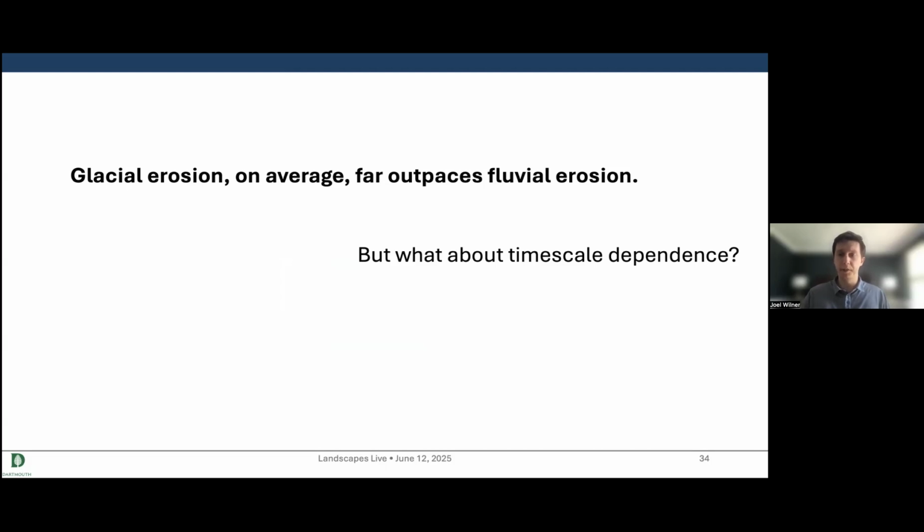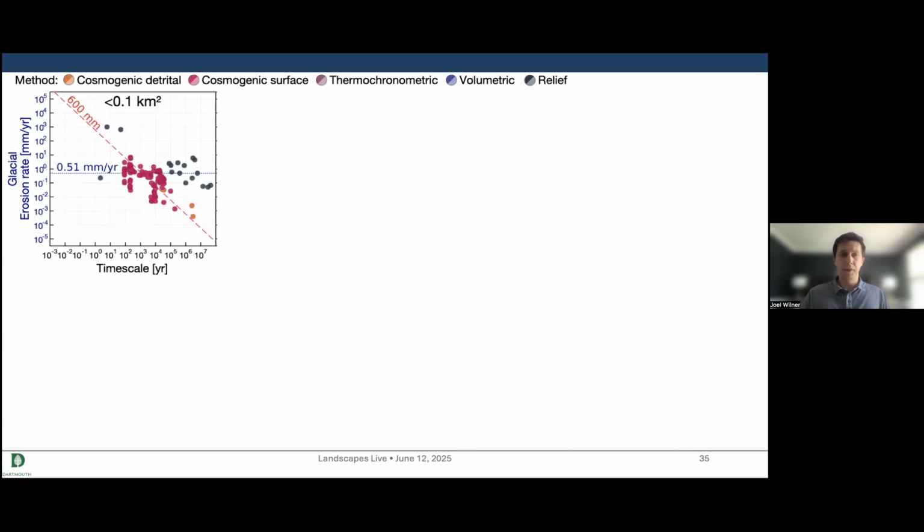This was important to quantify. So first, we looked at glacial erosion rate versus timescale for different basin sizes and plotted it, colored here by measurement methodology. For these smallest basin areas, less than 0.1 square kilometers that you're drawing from, these are mostly cosmogenic samples, although not all.